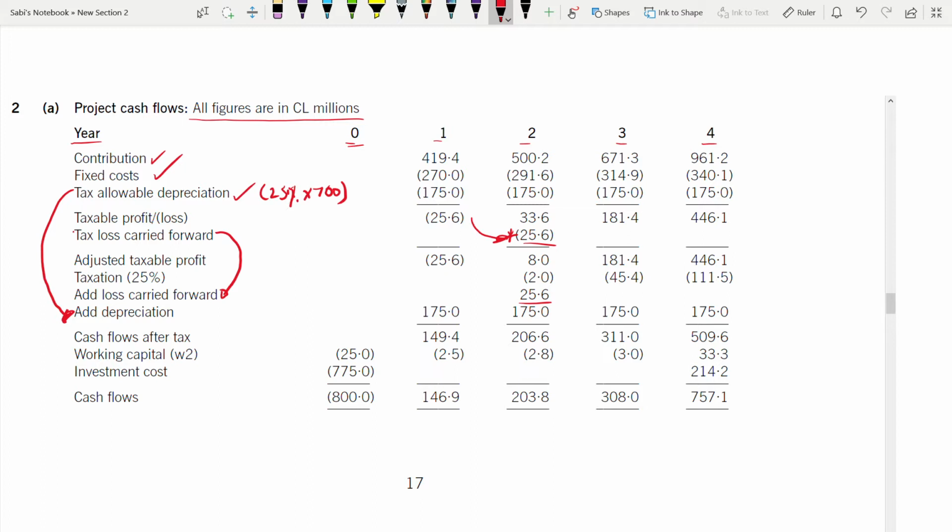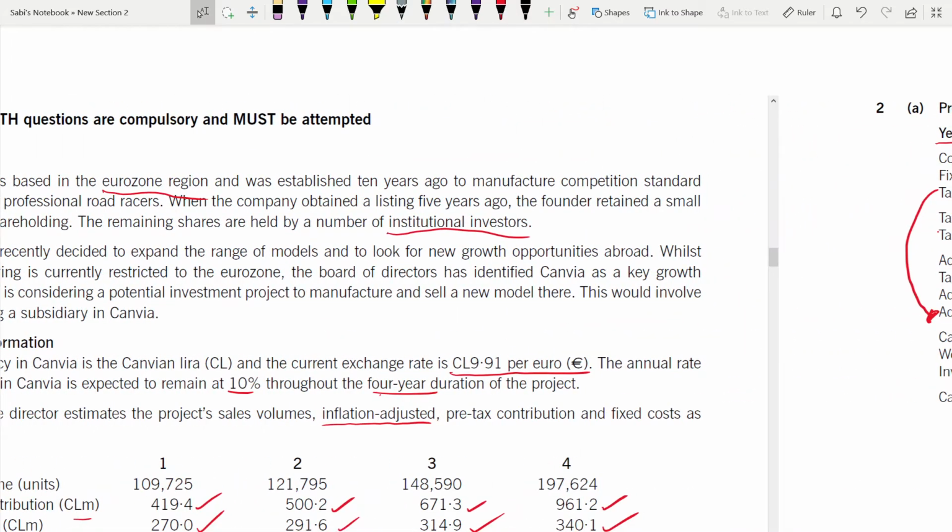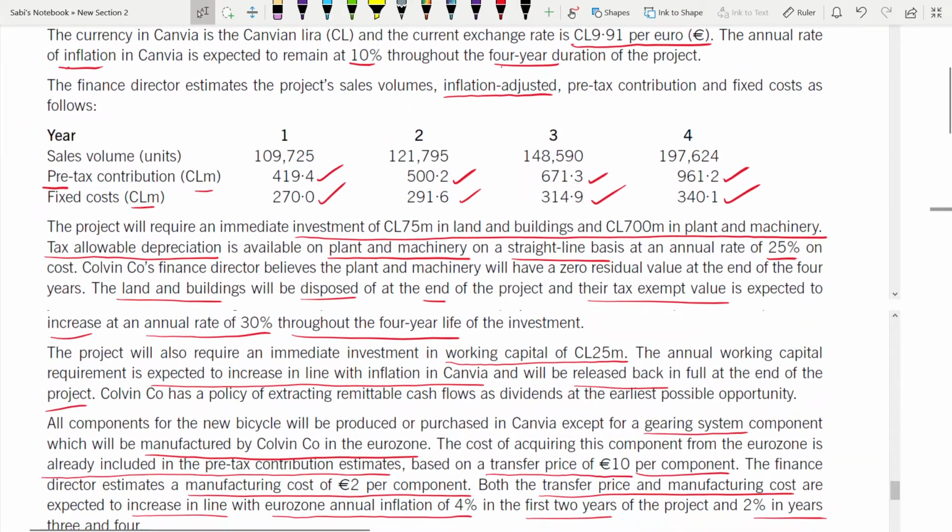Once we got our cash flows after tax, what is this? Working capital and investment cost. Investment cost, the initial investment, is simply 700 plus your land and building. What is the value of your land and building? 25. So it is 720.